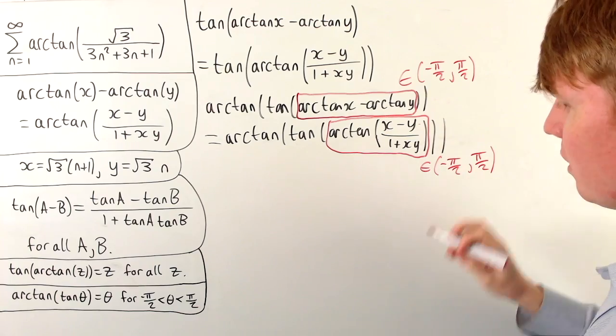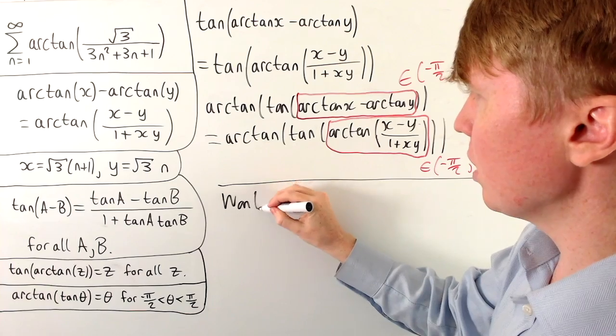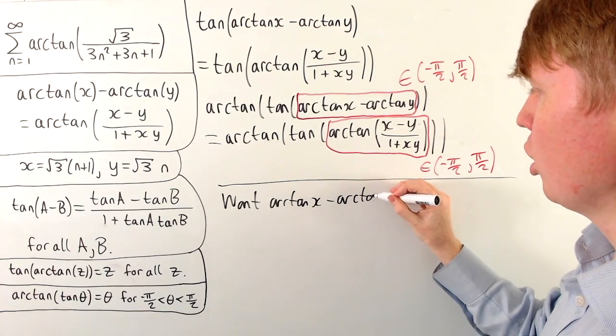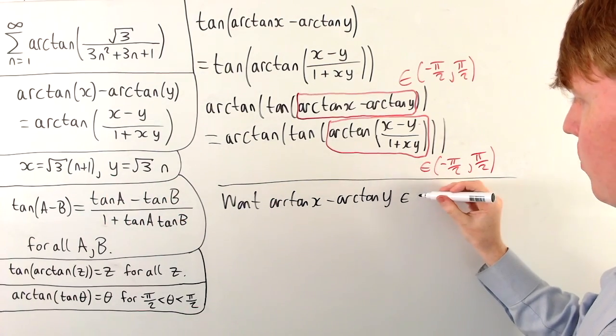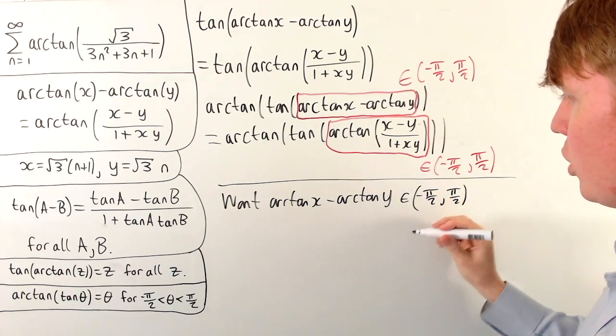and prove the identity. So just to summarise what we need then, we want to show that arctan x minus arctan of y, at least for these values of x and y, is between negative pi over 2 and positive pi over 2.